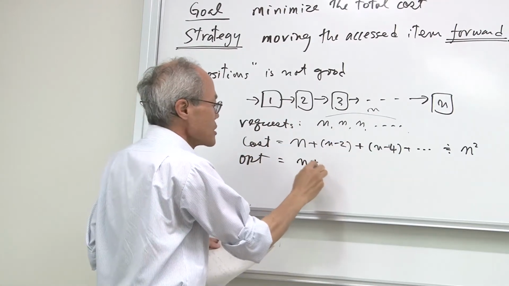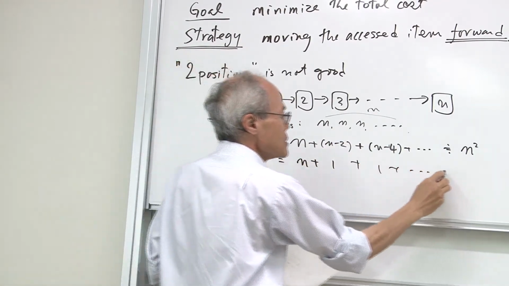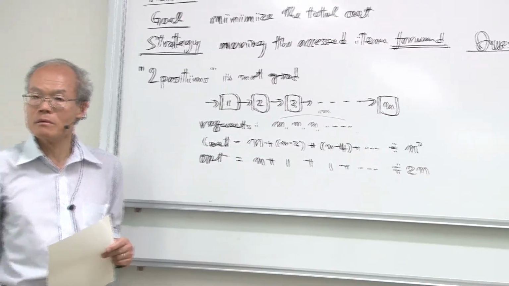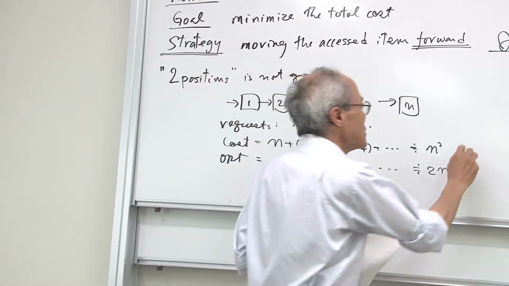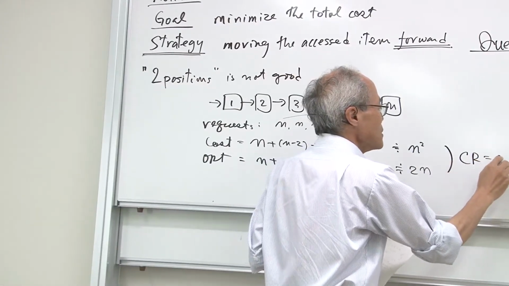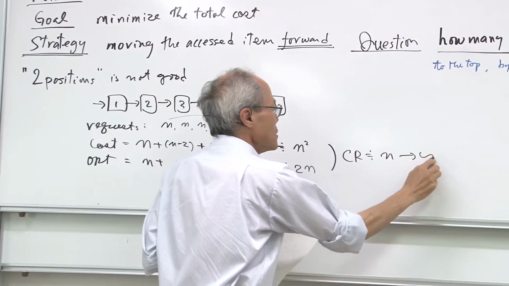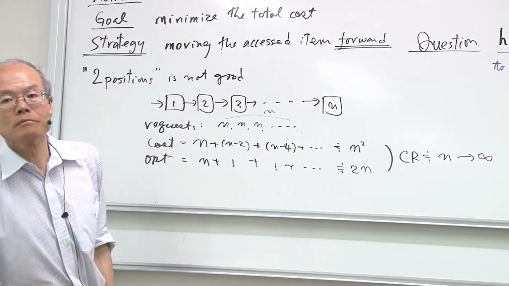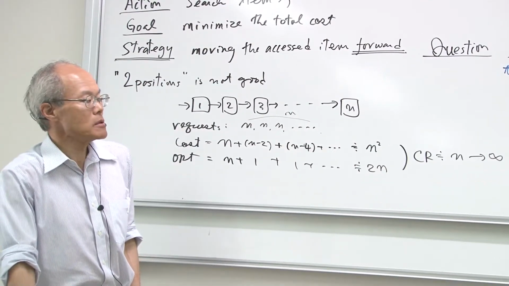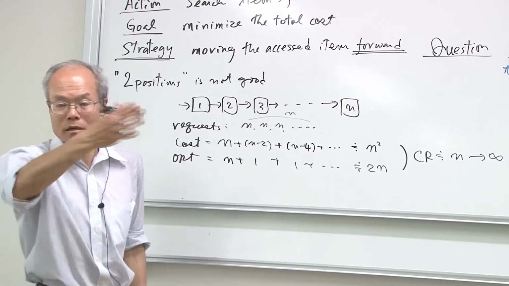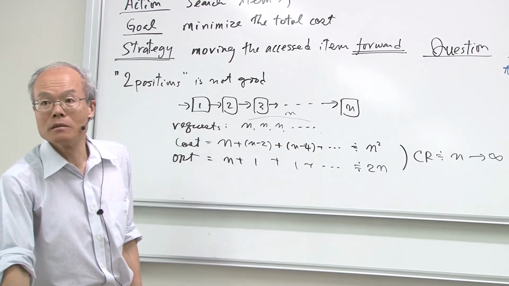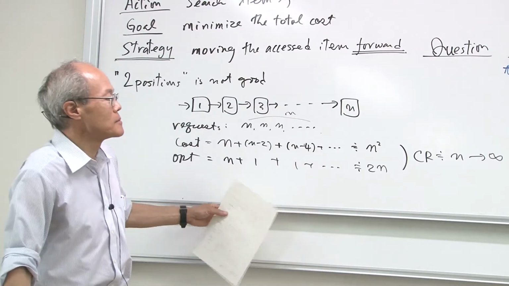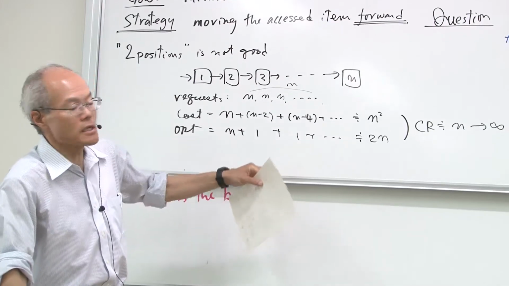It means n plus 1 plus 1 plus... The competitive ratio is almost n. Of course, that diverges, just goes to infinity. It means the competitive ratio is infinity. That is not good.